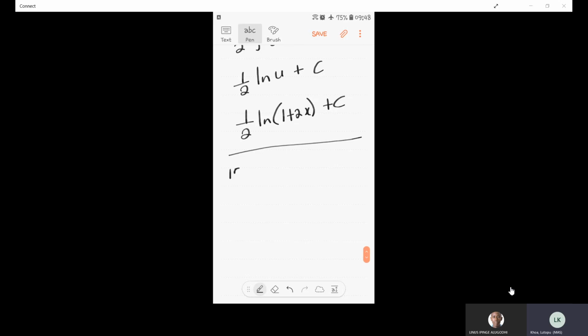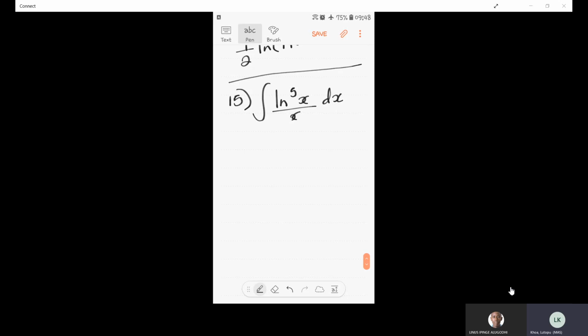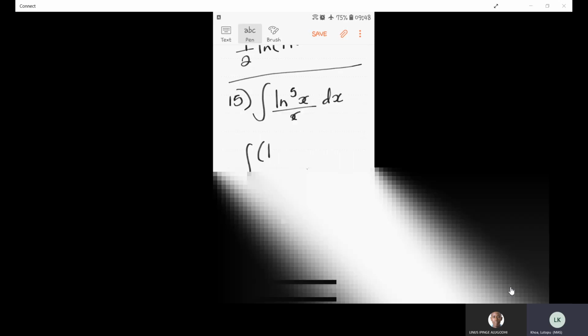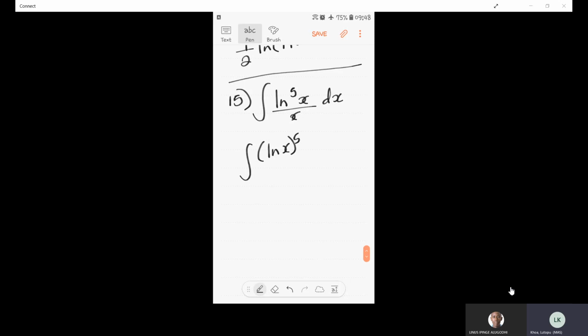Okay. 15, the integral of ln 5x over x dx. So this is like ln of x to the power of 5. So it's just the same way that we write sine power 5 of x. So what we are integrating here, this is ln of x to the power of 5 over x dx.